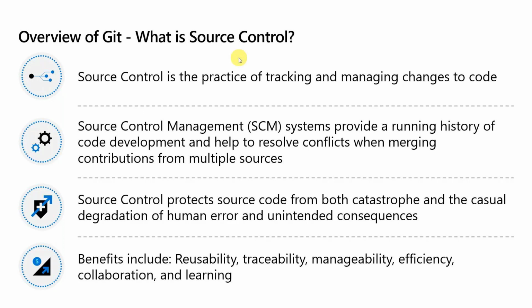Basically, if you want to track and manage all the source code changes that many people do. In every team, there will be many developers, right? Anybody who writes code is a developer or an engineer, software engineer, DevOps engineer. So engineer means anybody who writes code. I'm sure everybody knows that, right?